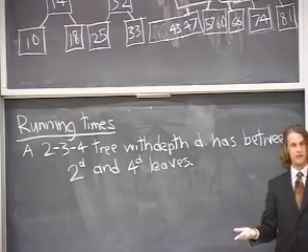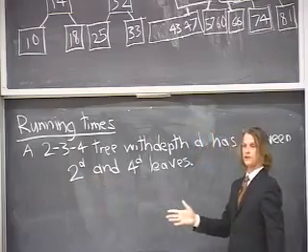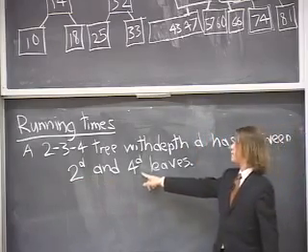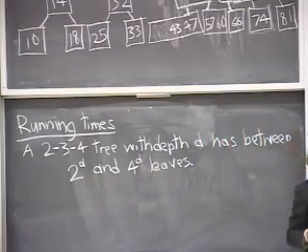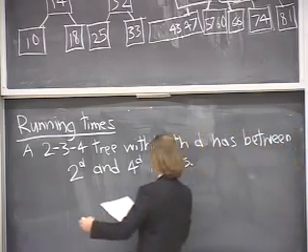Basically, if all of the nodes are one-key nodes, it has 2 to the d leaves. If all of the nodes are three-key nodes, it has 4 to the d leaves. And so that makes the math really easy.